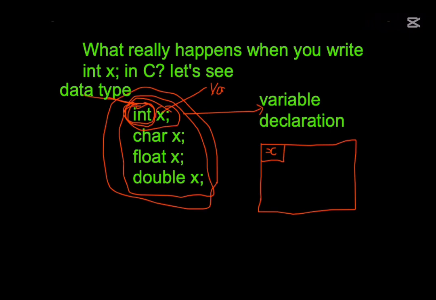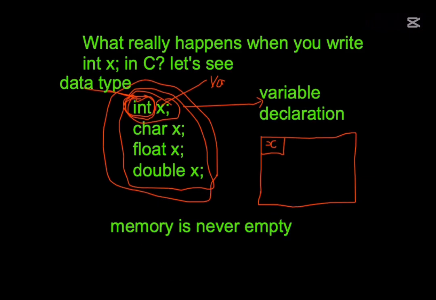So I'm going to type that: memory is never empty. It's never empty. So there's always something in that memory, just like land. Land is never empty. There's always something on that land.